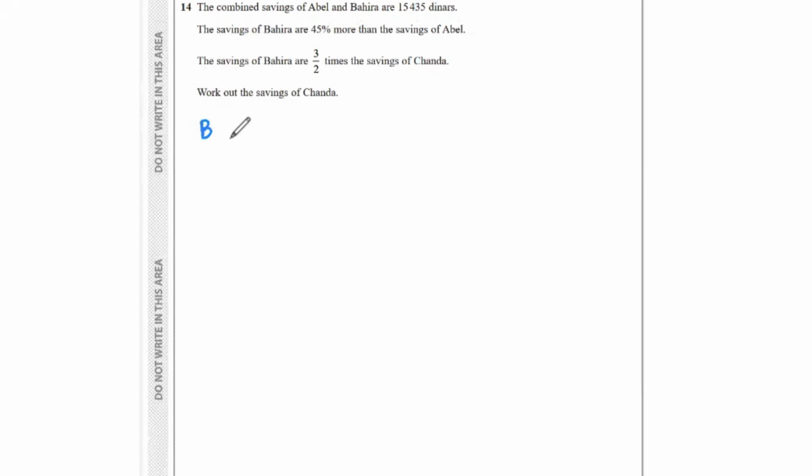So Bahira is 45% more than Abel. So that's going to be 145/100 of x. And I'm saying Abel is x. Then Bahira is also 3/2 times the savings of Chanda. So Chanda is y.